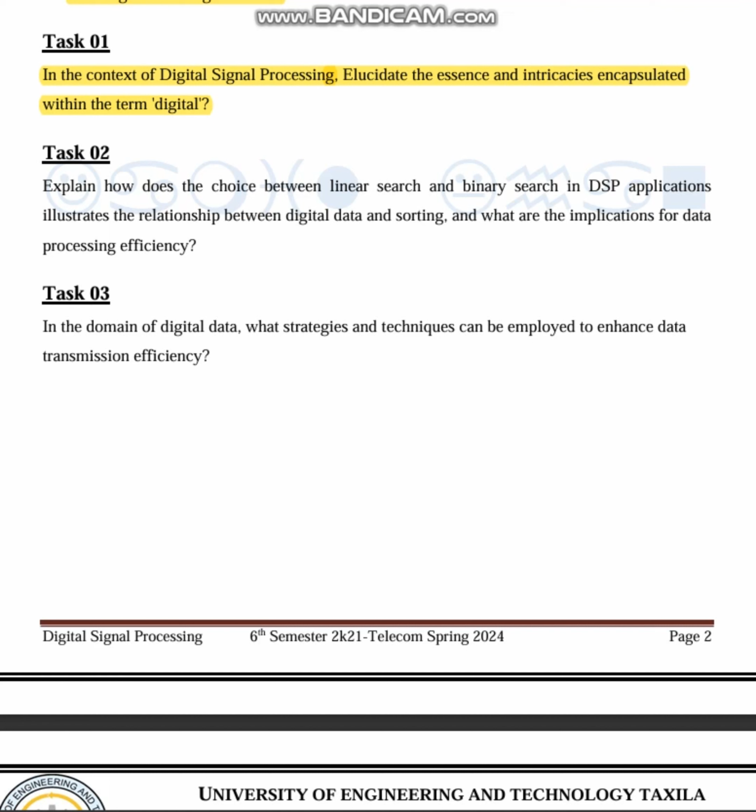This involves converting continuous analog signals into digital form through processes like discretization, quantization, and sampling. Digital signals are represented using binary digits or bits and can be processed using efficient algorithms.